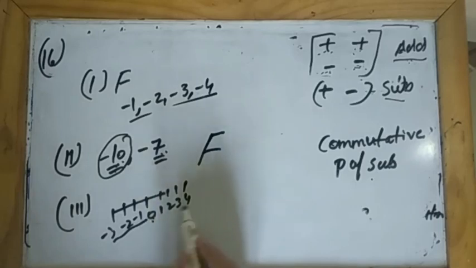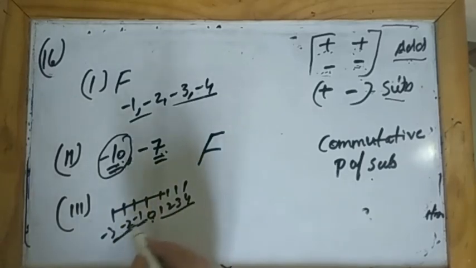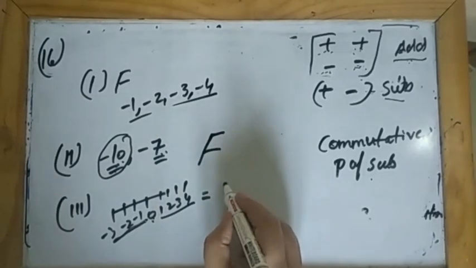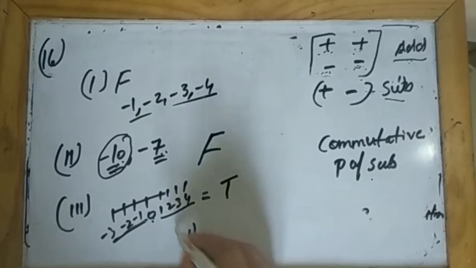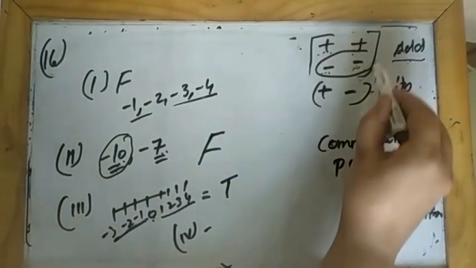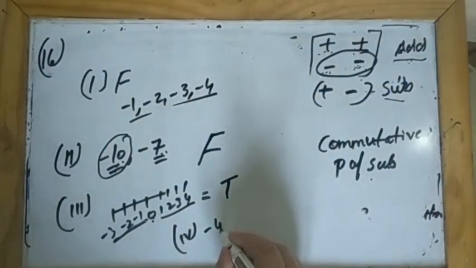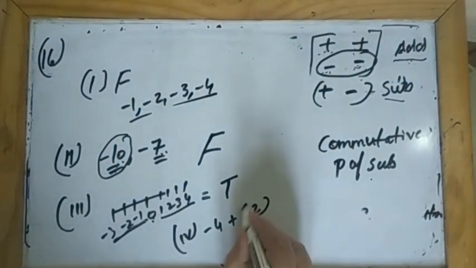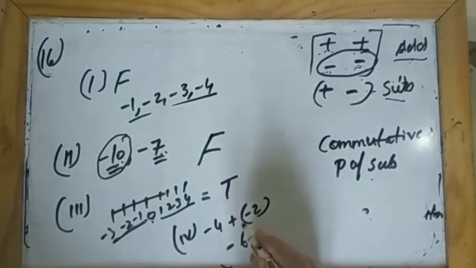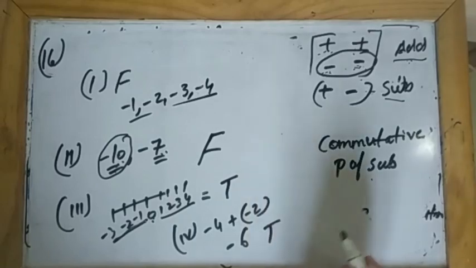So the statement is true. The sum of two negative integers is a negative integer. Yes, if I add two negative integers, the answer will be negative only. So this statement is true.